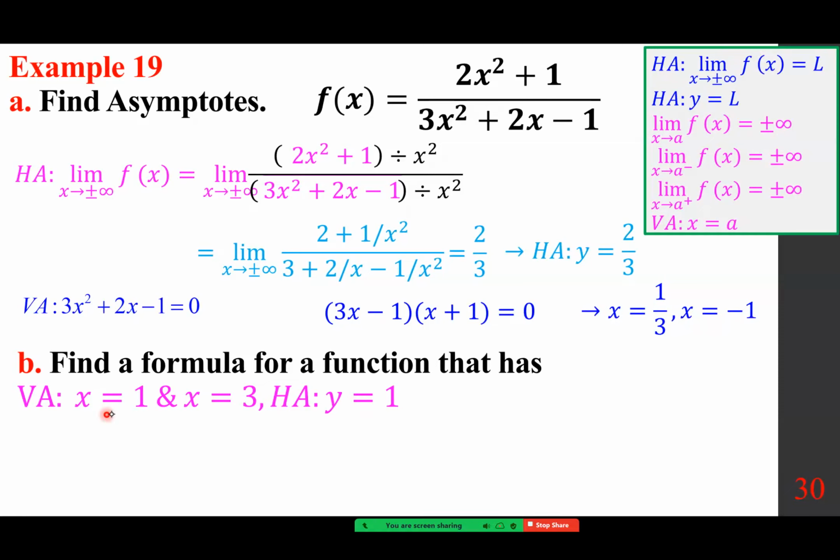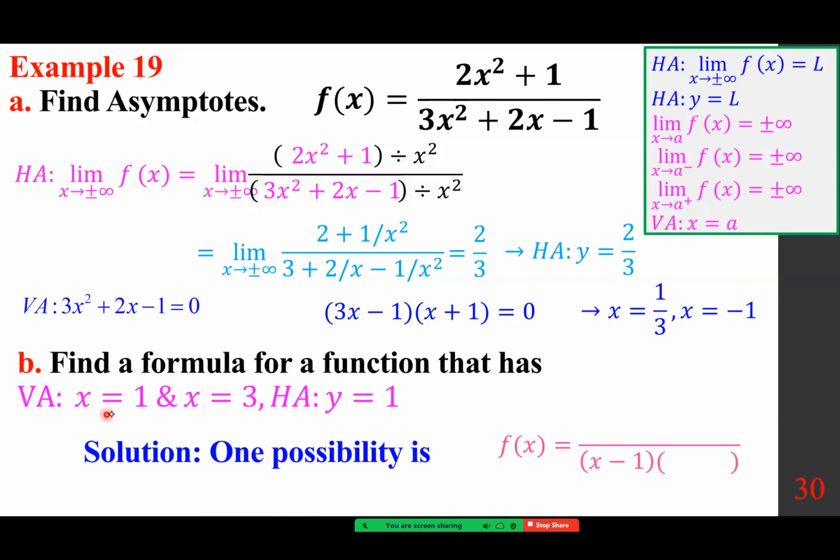Because one of the vertical asymptotes is 1, we're going to say f of x, this is one possibility, f of x has this form, the denominator must have a factor of x minus 1. This is another VA, so must have a x minus 3 factor in the denominator.